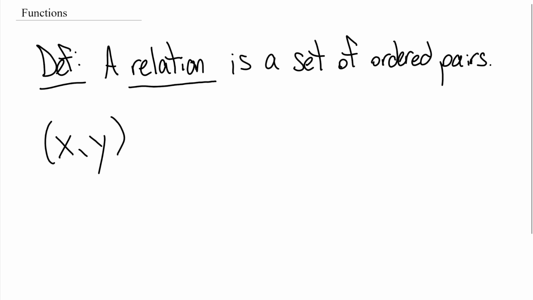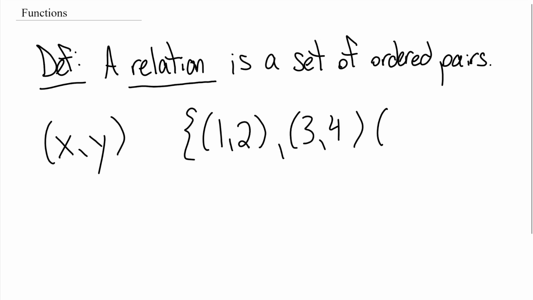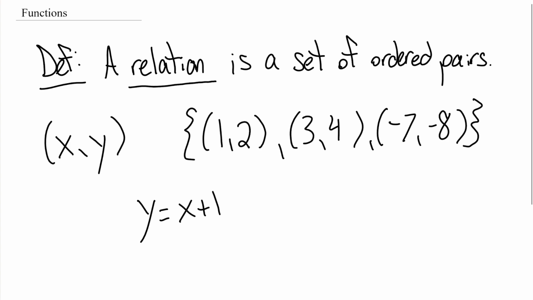Okay, so this could be just a list of ordered pairs, like (1, 2), (3, 4), (-7, -8), something like that. Or it could be defined by an equation if there's an infinite number of ordered pairs. So this could be something like y equals x plus 1.